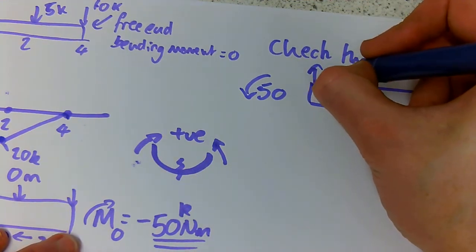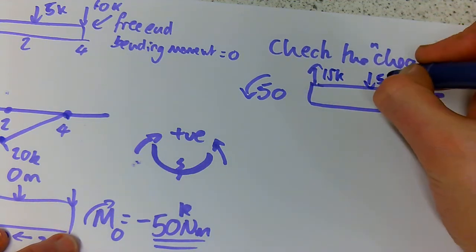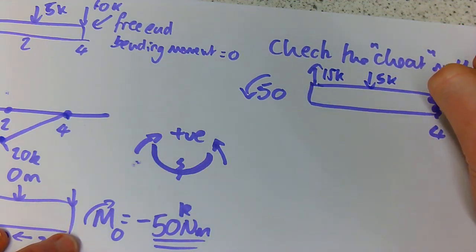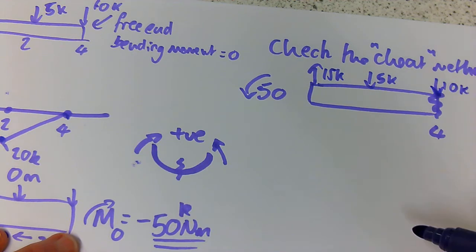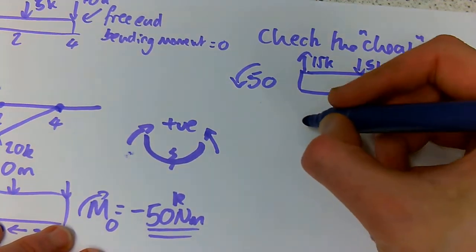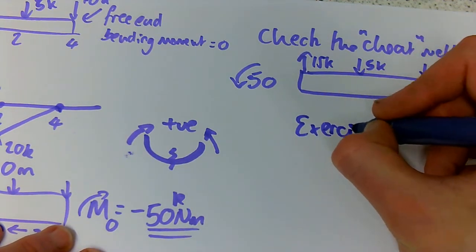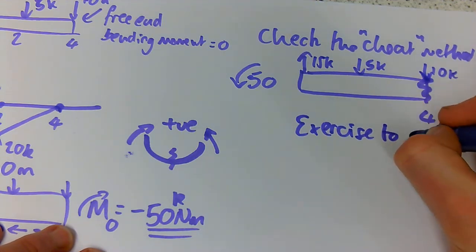So you've got your 15k support, you've got your 5k acting here. This one would have 10k, but it's acting at the cut, and I'm going to leave that as an exercise for you to check.